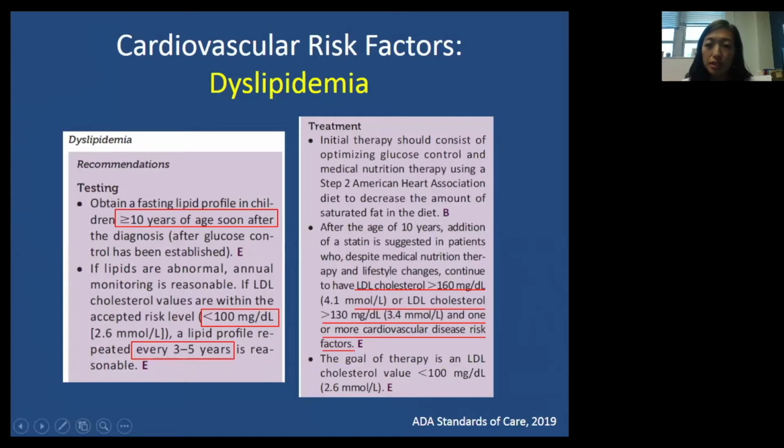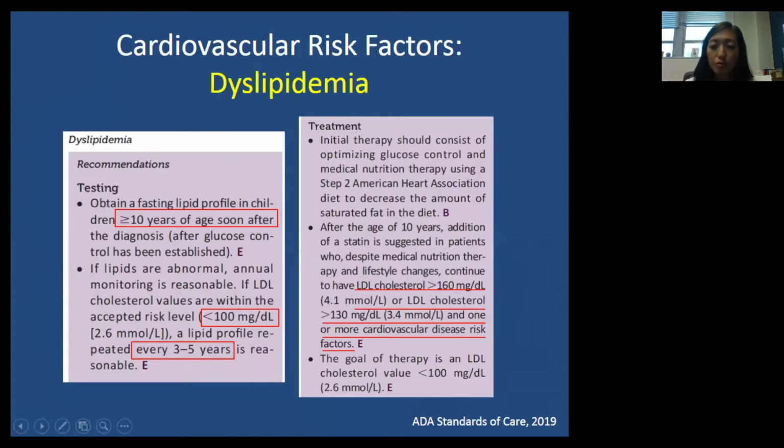In terms of treating our type 1 population for dyslipidemia, the recommendation is that you can start a statin safely after the age of 10 years, and as long as there's good counseling on preconception, as statins are teratogenic if female patients do conceive. And then again, the suggestion on when to start statin therapy for our young type 1 patients is if their LDL cholesterol is greater than 160, or if it's greater than 130 and they have 1 or more cardiovascular disease risk factors.